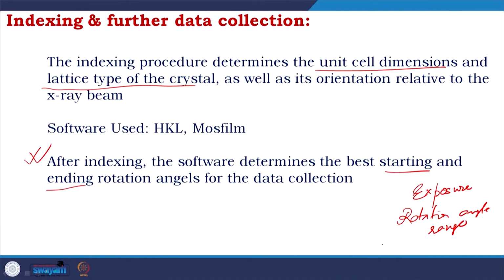Are you going to give 1 degree, 0.5 degree, 0.25 degree? These three things are practically very critical for getting good data in less time.